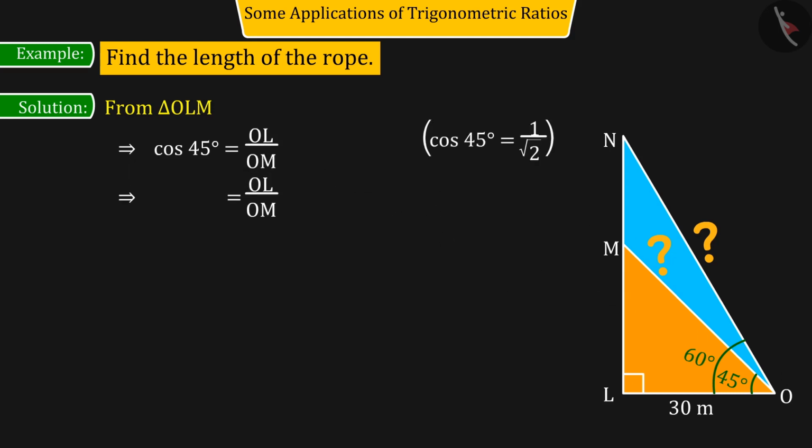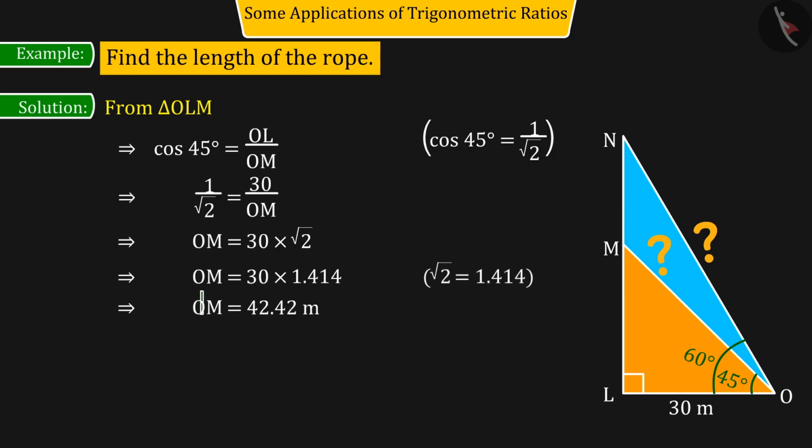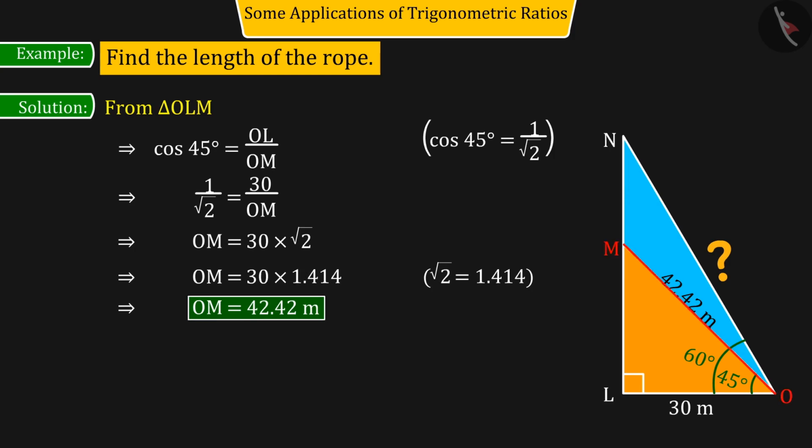On substituting and solving these values, the value of OM is found to be 42.42 meters. So the length of the rope from point O to M will be 42.42 meters.